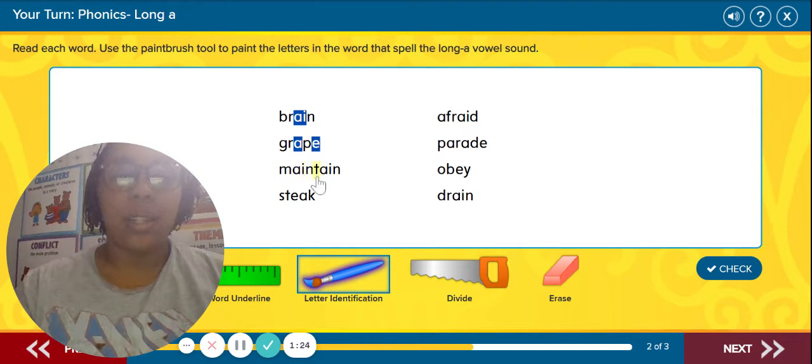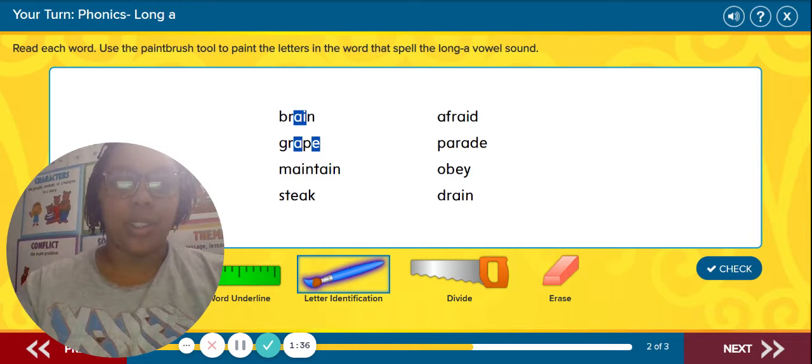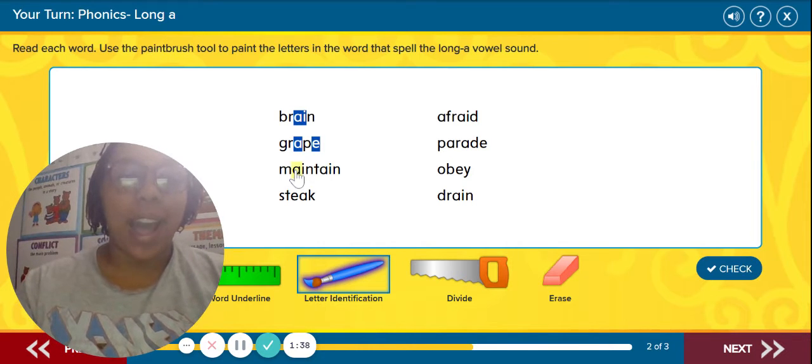Maintain. Maintain. What's the first pattern that you see? It pops out right at you. You're right, AI, making that long A sound.